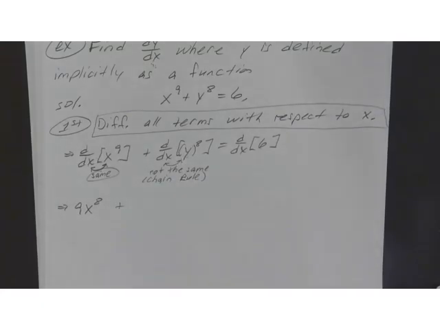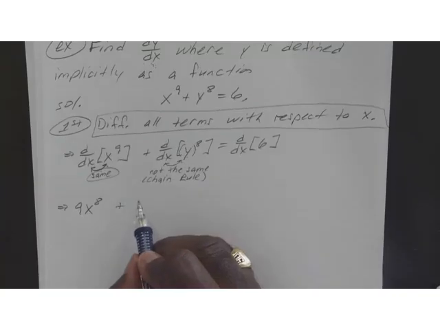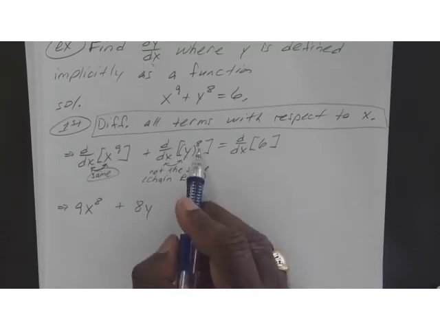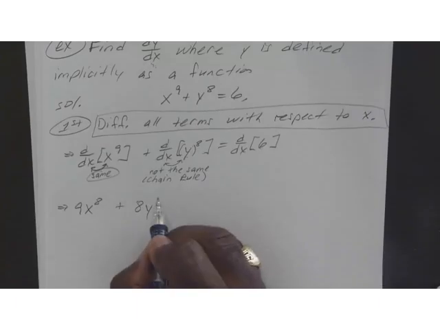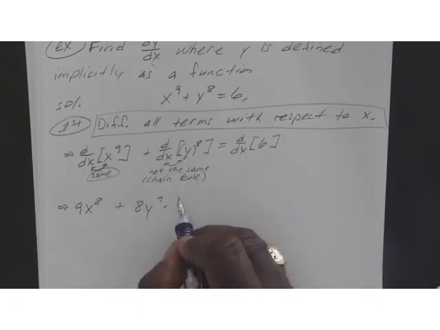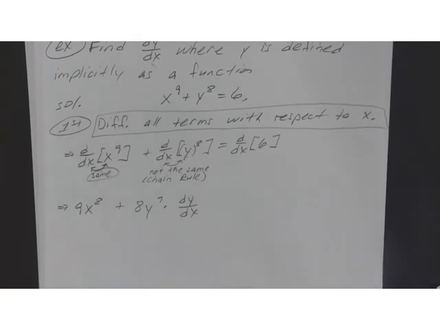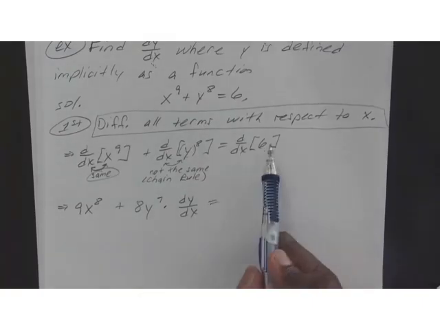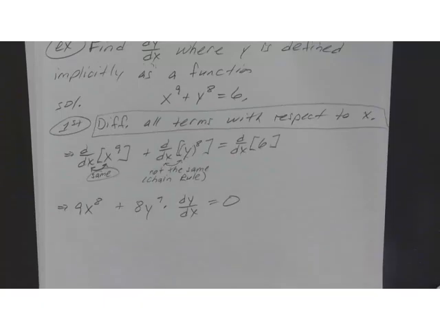You don't have to. But we're going to use the power rule on the whole thing. So that's 8y to the power of 8 minus 1, which is 7, times the derivative of what's inside. So that's the derivative of y with respect to x, is equal to the derivative of a constant, which is always going to be 0.